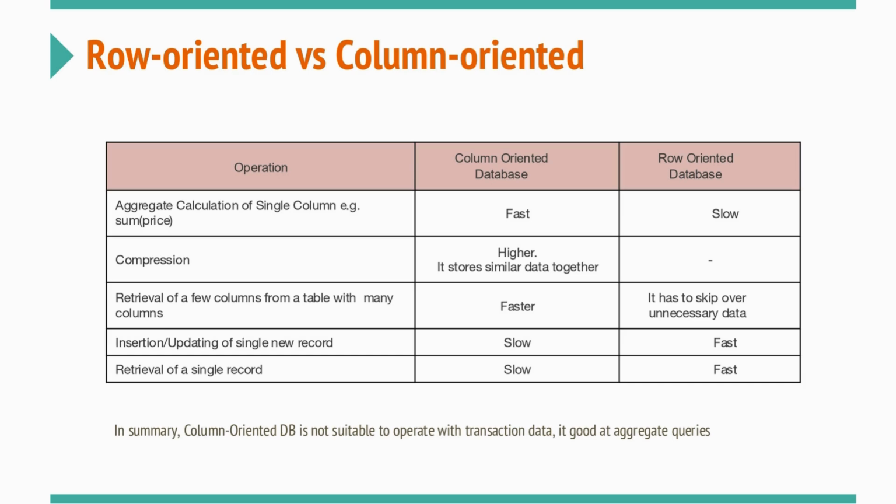However, for inserting or updating a single new record, the row-oriented database is faster because it's just one write operation. And for retrieving a single complete record, row-oriented is also faster. The key takeaway is this: column-oriented databases are not designed for high-volume transaction data. They're designed for high-performance aggregate queries, which is exactly what you need in analytics and data warehousing.